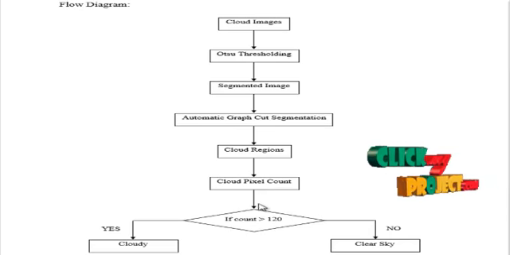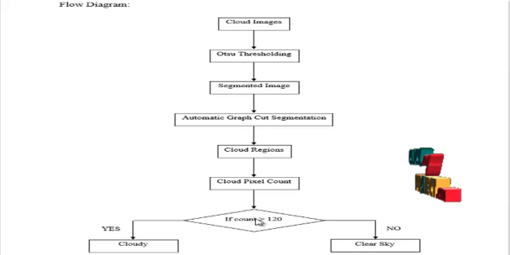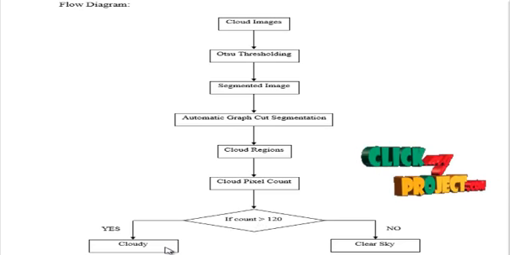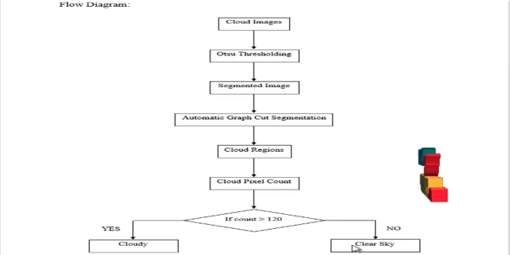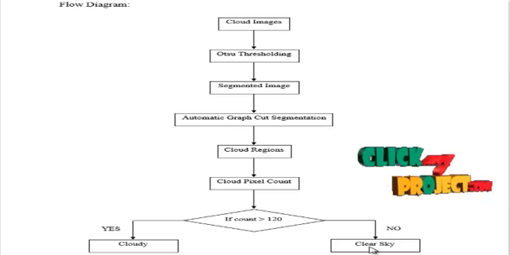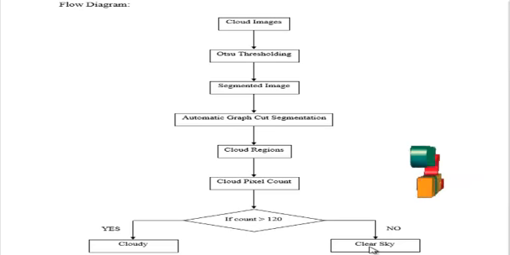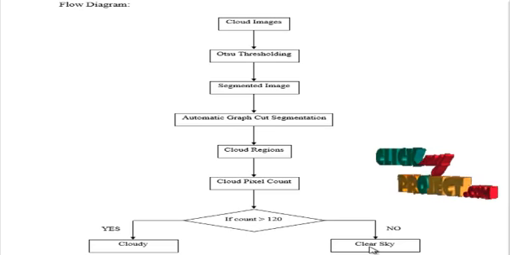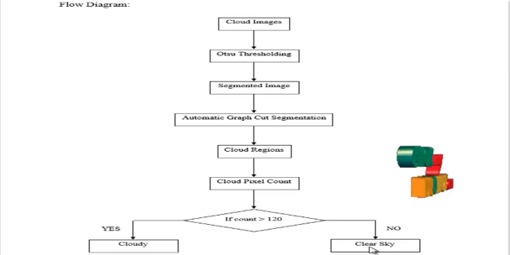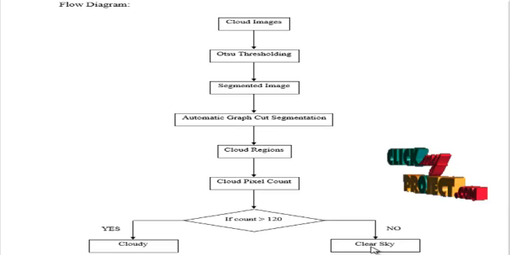If the cloud pixels are greater than some particular value, then the input image is cloudy, else the input image is of the clear sky. So this process identifies the cloud regions in the input images based on automatic graph cut segmentation.